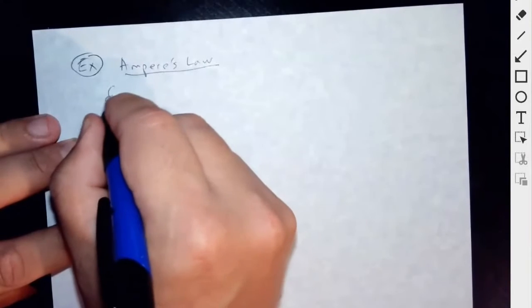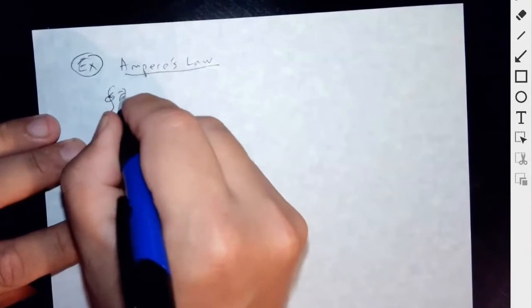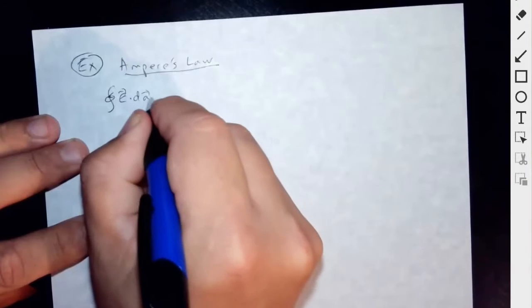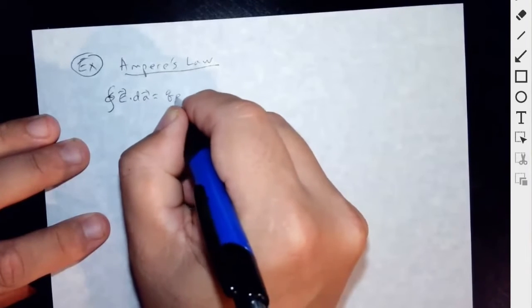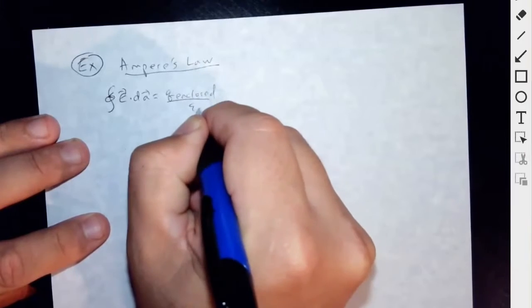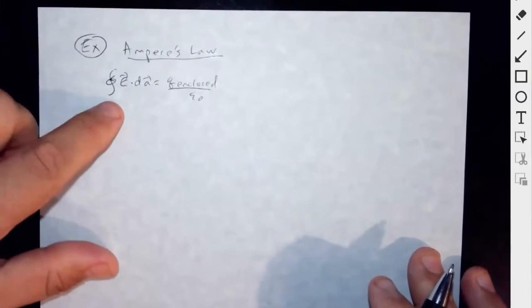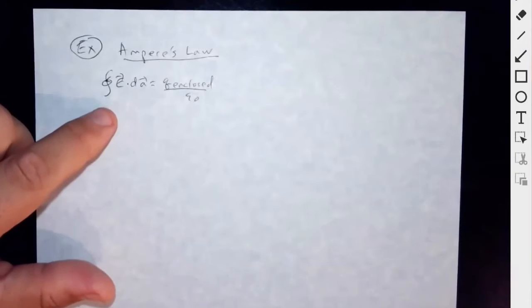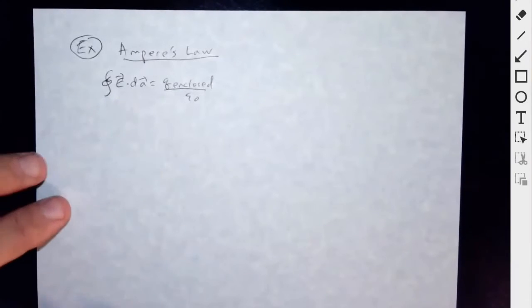I remember, Gauss's law said that the closed surface integral of an electric field is Q enclosed over epsilon-0, and it gives you the flux through a closed surface.